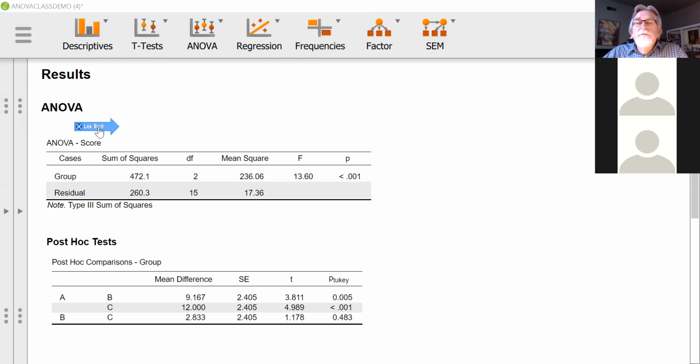For the ANOVA, the p-value is less than 0.001, so it is significant. There is a significant outcome. So we know that there are significant differences between the groups. We just don't know which groups.